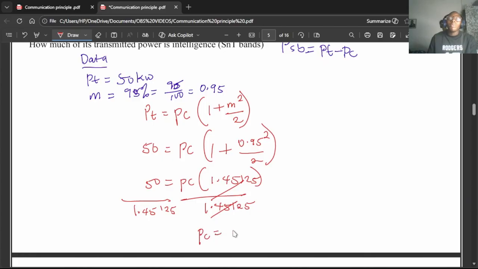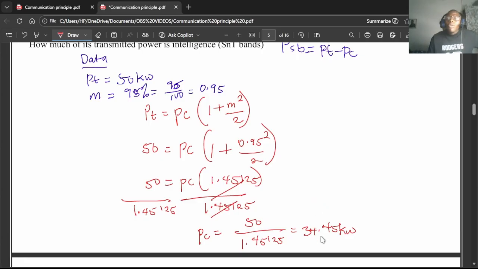Your PC will now be equal to 50 divided by 1.45125. Am I communicating? And what will you have? That will simply give you 34.45 kilowatts. You can cross-check that with your calculator.